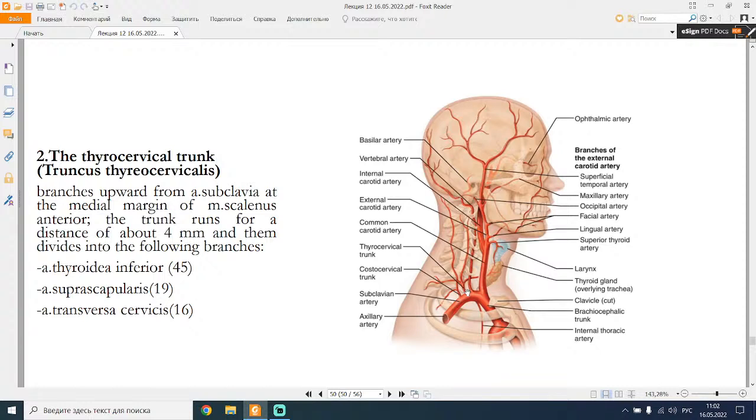The trunk runs for a distance of about 4 mm and then divides into the following branches: arteria thyroidea inferior, arteria suprascapularis, and arteria transversa cervicis. This is truncus thyrocervicalis.